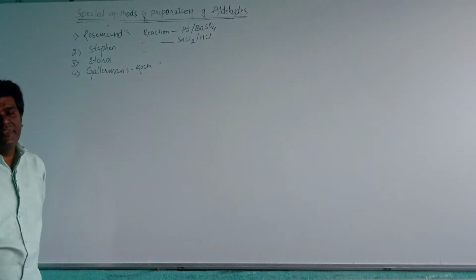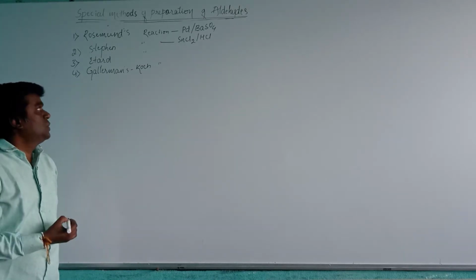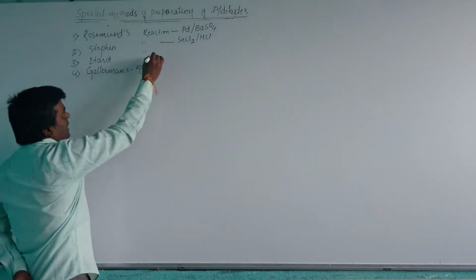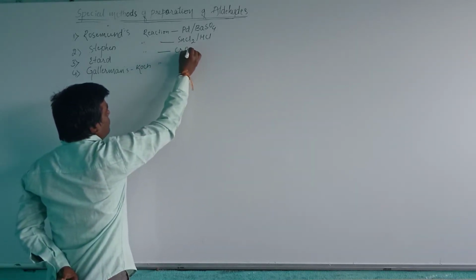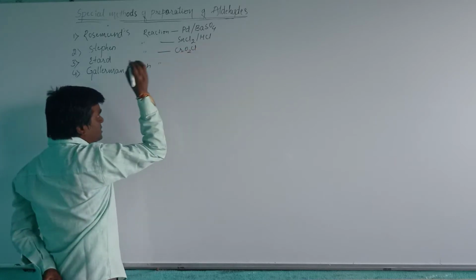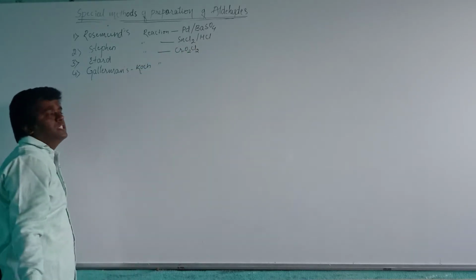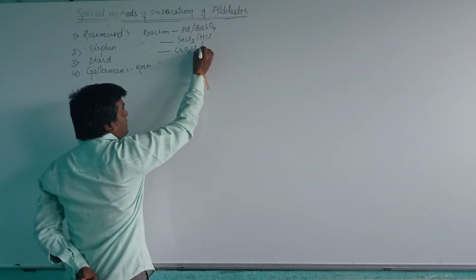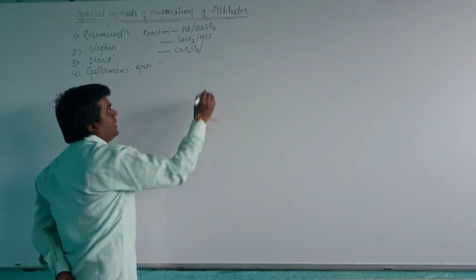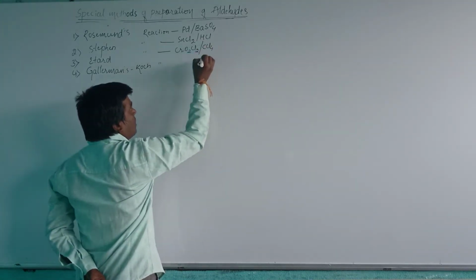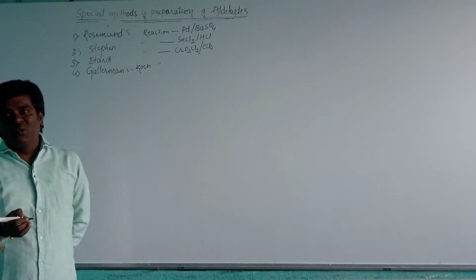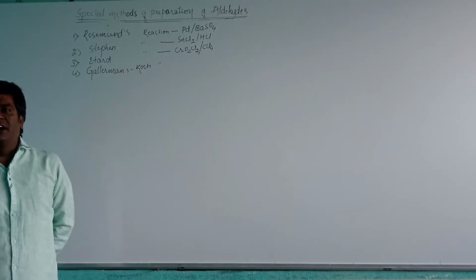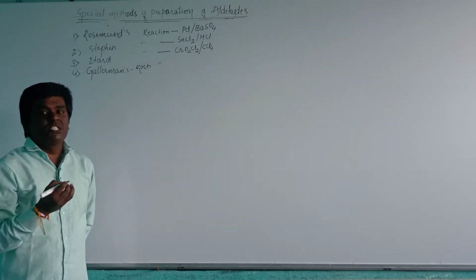In the Etard reaction, we use CrO2Cl2, that is chromyl chloride, in the presence of inert solvents like carbon disulfide or carbon tetrachloride. Carbon tetrachloride and carbon disulfide are known as inert solvents.